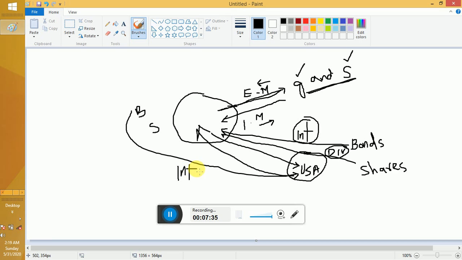And for shares, they will receive dividends and capital gains. So in this case, money is going out of Afghanistan. So this factor income payment is also coming in the current account.